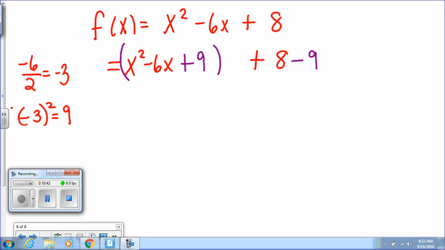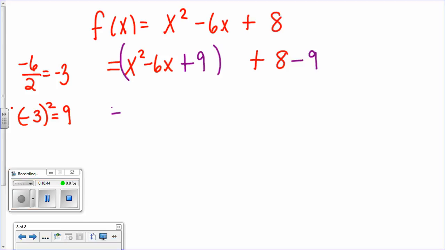So this side is going to turn into, what did you tell me this factors down to? X minus 3 squared. And then what's 8 minus 9? There you go. Now in vertex form. That is vertex form. What did you get for 8 minus 9?